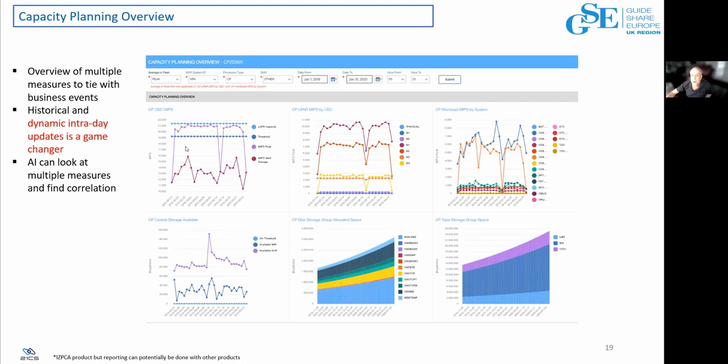One of the things I like about this type of view, where you see the data intraday, is that you see all these different forecasts. If you see an increase here, you might see an increase on the workload side. These are workload categories, which roll up into service classes.